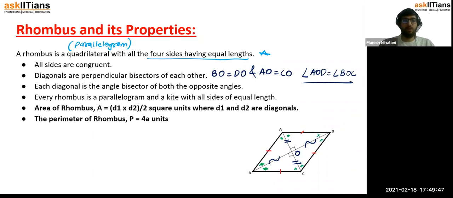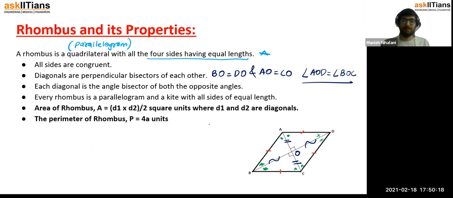Next, every rhombus is a parallelogram and a kite with all sides of equal length. This is just a statement: every rhombus is a parallelogram, and also every rhombus is a kite. क्योंकि kite क्या होता है ना, kite is a specific case. If you all can just imagine, rotate your neck by some 30 degrees or something, and you can see this ABCD as a kite.